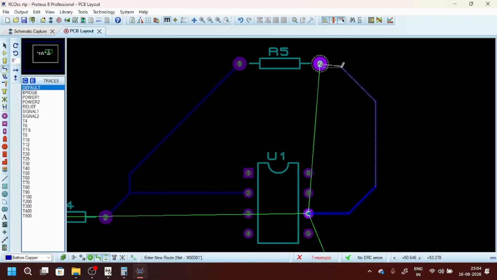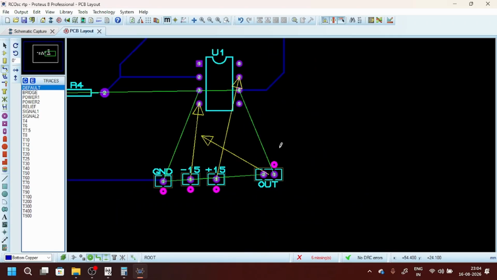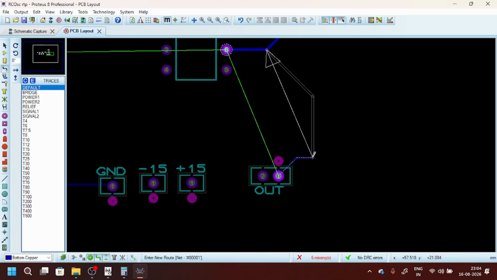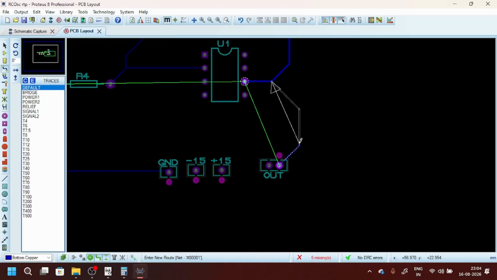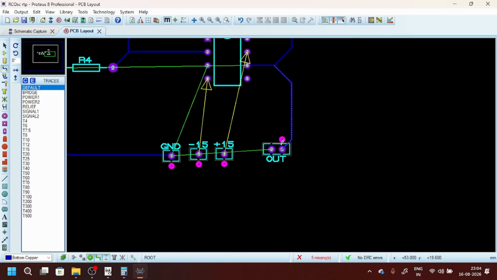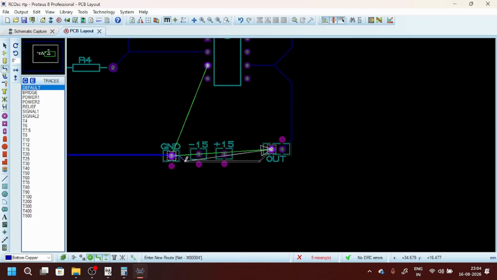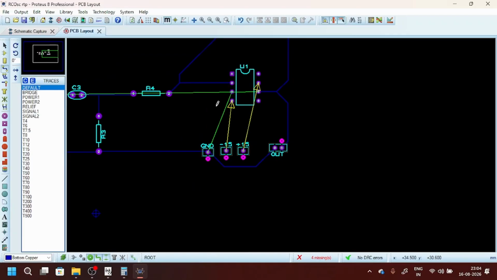is going to be connected to two components. One is the feedback resistor, the other is the one for checking the output. And the ground has to be connected in this way.